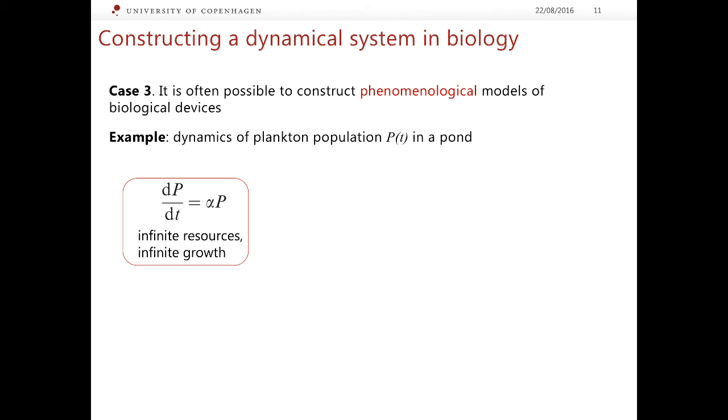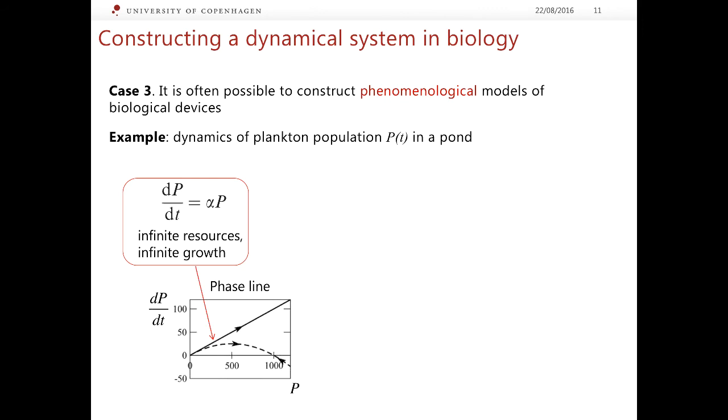This model might be quite reasonable only if we assume that there are infinite resources which can maintain the growth of plankton. Suppose for a second that this is true, and because this dynamical system is only one-dimensional, it is possible to illustrate its behavior with the following diagram.